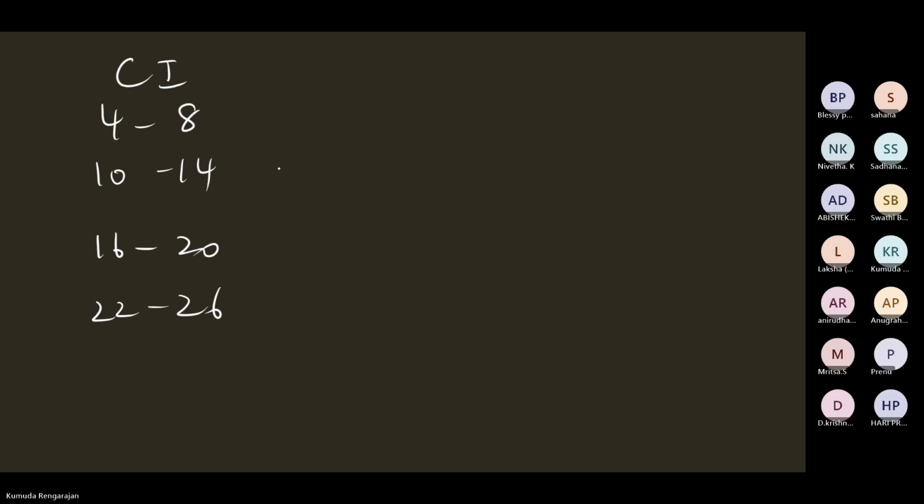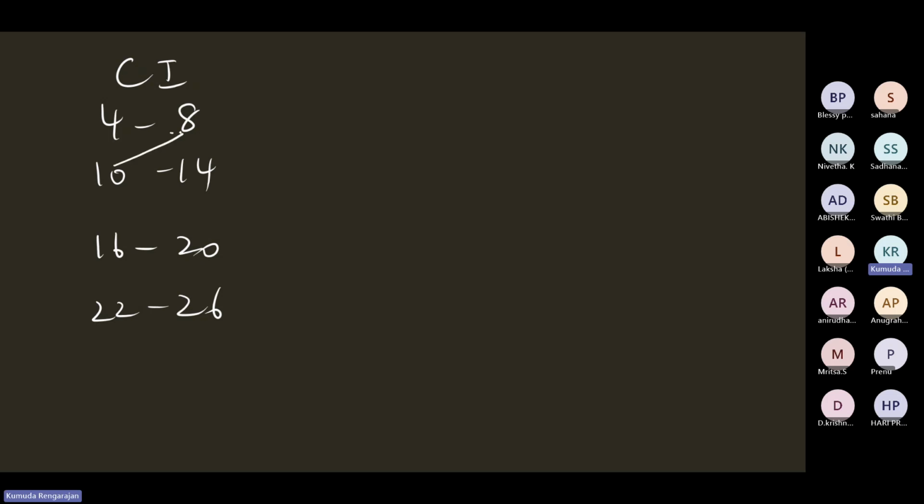Now we see that the class intervals are not continuous because 4 to 8, and it doesn't continue from 8. It is 10 to 14. Then it's 16 to 20. Then 22 to 26. The class intervals are not continuous. So how do we make them continuous?